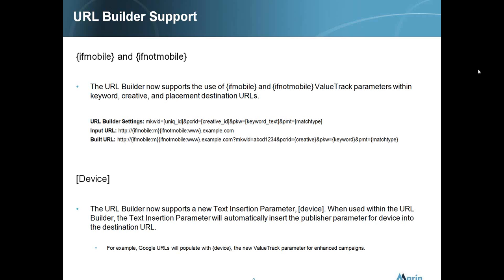After you've uploaded, what that will look like is the below, where we'll take that if mobile, if not mobile URL and add our tracking onto that. So that's how the support of the if mobile, if not mobile parameters works.